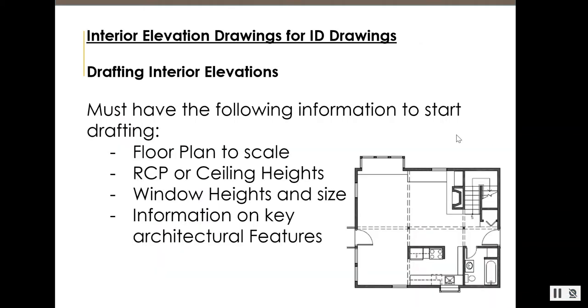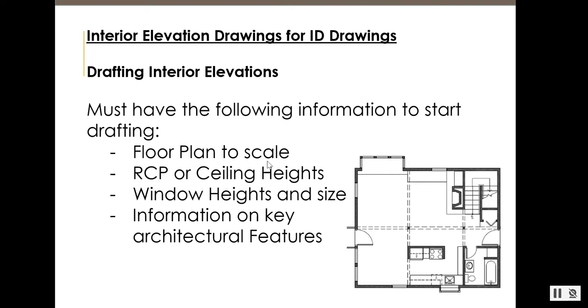Now, how do we start our elevation drawings for ID drawings? Well, first we have to draft them, and there are certain things we must do. So this is how we get started. First thing you guys did is you drafted that floor plan to scale. Remember, we drafted the floor plan to scale. We also did the reflective ceiling plan.